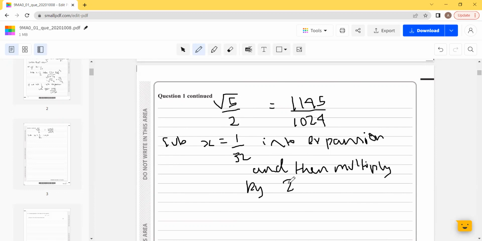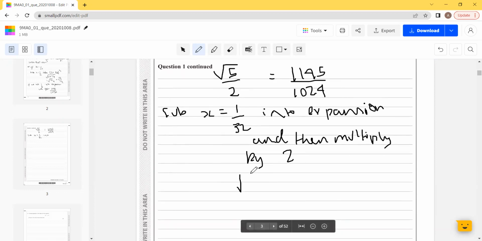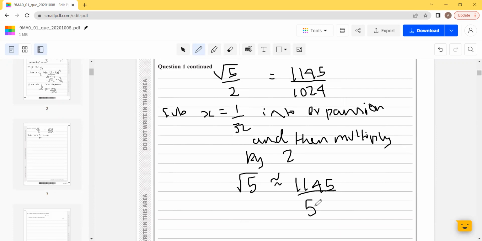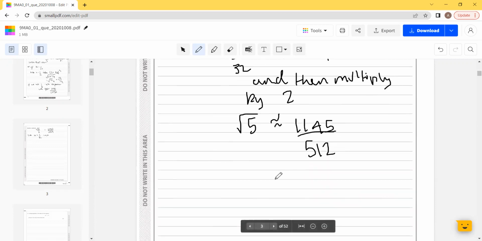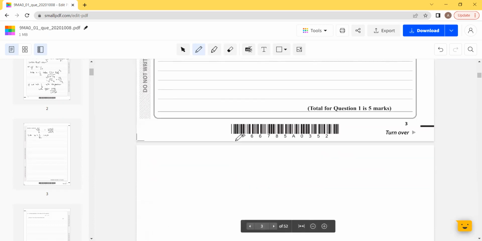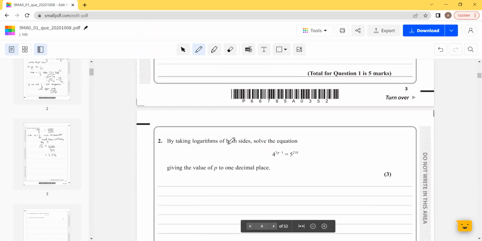So if we check what this is, that means that root 5 is approximately 1145 over 512, which is approximately 2.236.